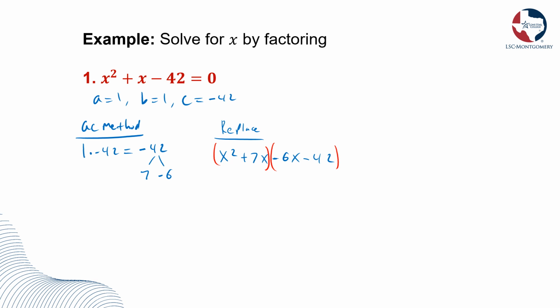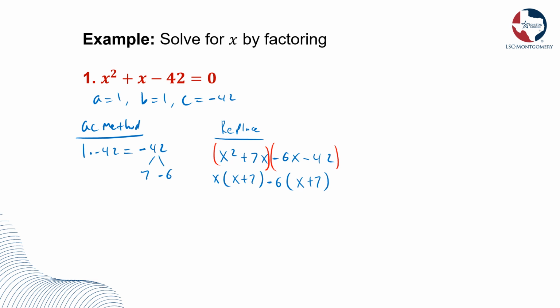So for the first set, the greatest common factor we can pull out would be x, and what's left would be x plus 7. And the next set of parentheses, negative 6x minus 42, we can factor out a negative 6, and it's left with another x plus 7.